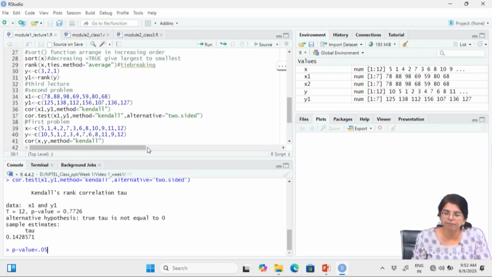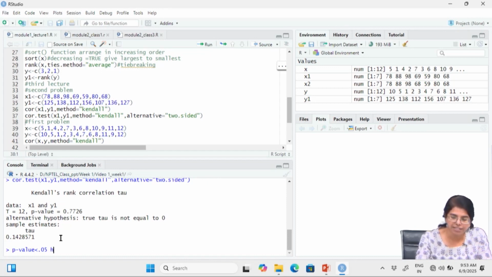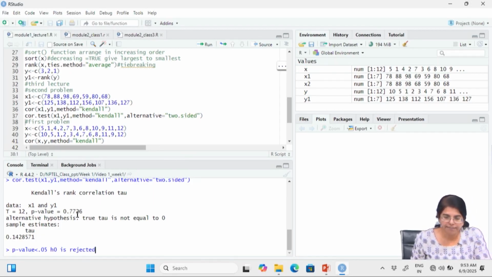If you fix your alpha at 0.05, do you believe that this p value is less than alpha? No, it is bigger than alpha. If it is less than alpha, then H naught is rejected. But here in this case, p value is bigger than alpha, so H naught is accepted.